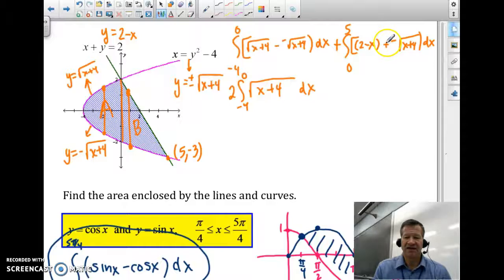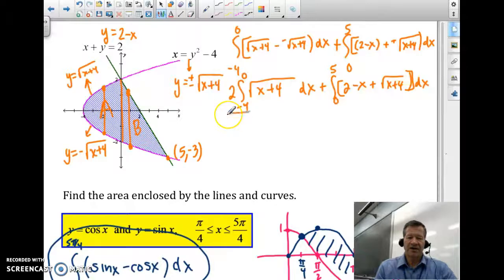And of course, minus a negative, I could just call that a positive. So this would give me the area of that entire region, adding these two integrals together from -4 to 0 and then from 0 to 5. Okay?